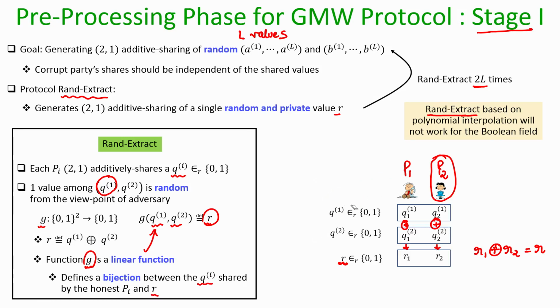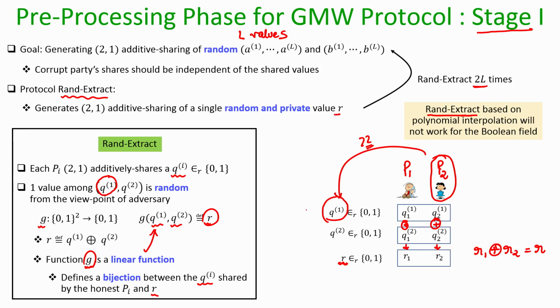What does that mean? Since for simplicity I am taking P1 to be the honest party, this Q1 value is a random value from the viewpoint of the corrupt P2. It could be any bit, 0 with probability half, 1 with probability half.